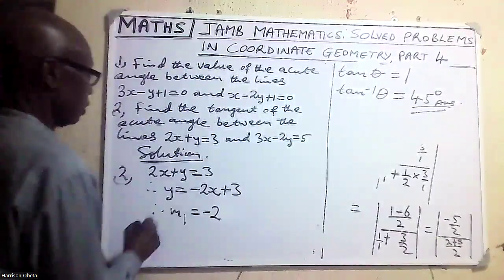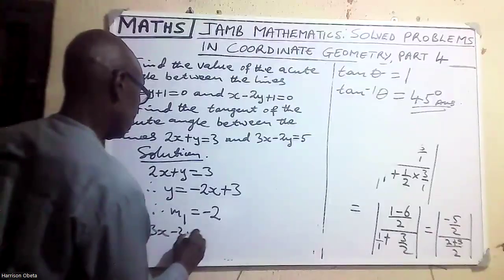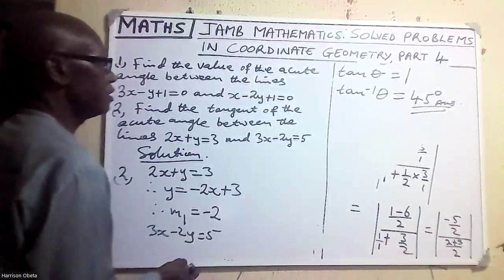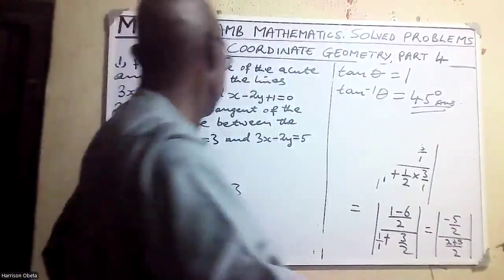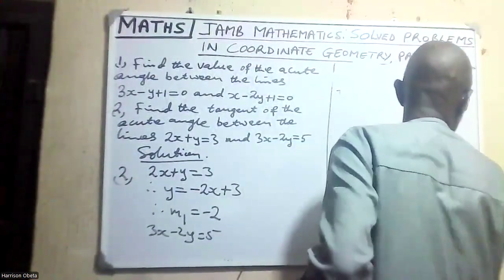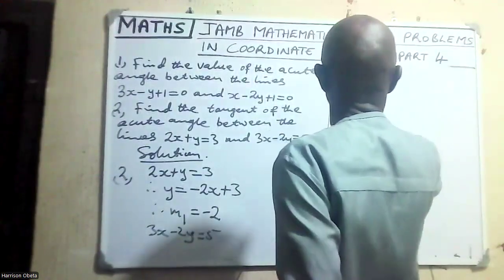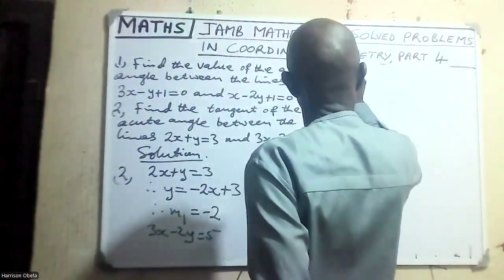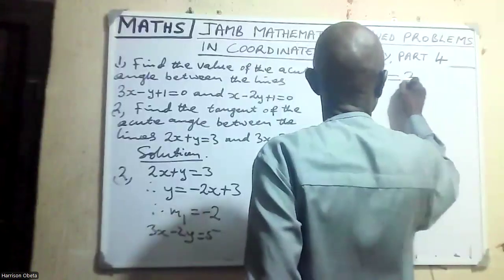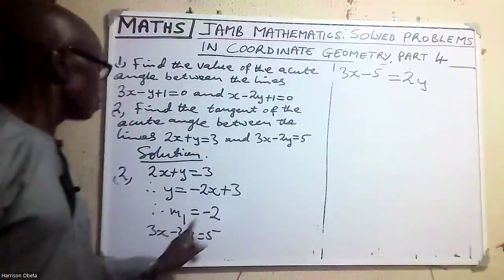And then the second line, we have 3x minus 2y is equal to 5, which we can rewrite as 3x minus 5 is equal to 2y, taking this to the other side.